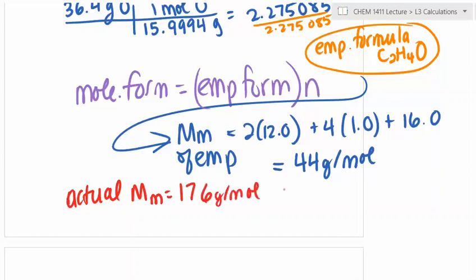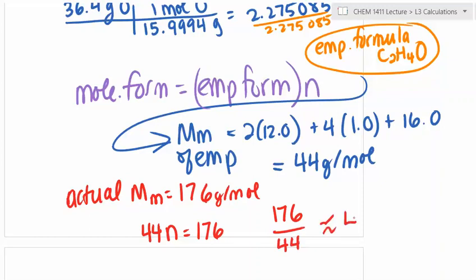So basically you're asking, what do I multiply this by to get 176? Or 176 divided by 44 is approximately 4.